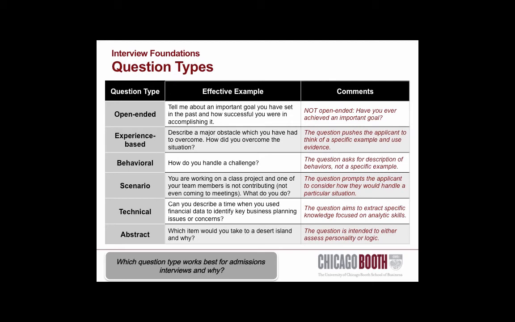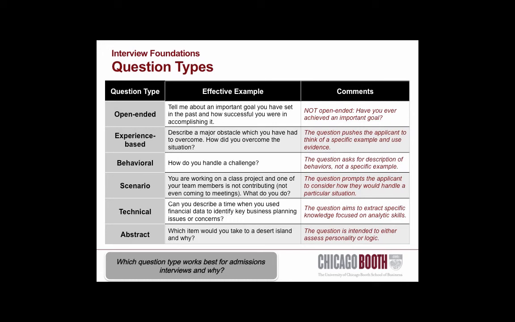But it really is probing the specific skills that are necessary to be evaluated for the particular role that the candidate is looking for. So it could be a question such as, can you describe a time when you used financial data to identify key business planning issues or concerns? Obviously, if you're interviewing for some type of finance role, that would be a great question.